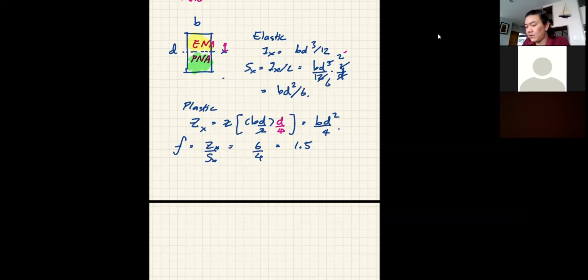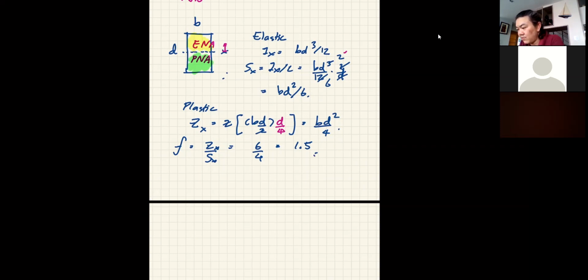So we do not get the shape factor as high as this one. It's only 1.1 or 1.18, but that is okay. To sacrifice material to form the solid shape like this is not very economical at all. So that's the shape factor that we should get.